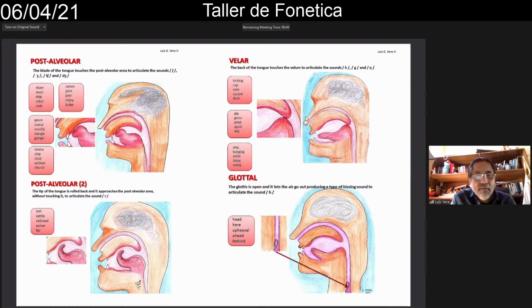cap, core, accord, duck. Es más o menos fuerte el sound. Sound is strong. Again, kicking, cap, core, accord, duck. Then we have the sound g. Same as in Spanish when we say gen, a ver cuál.